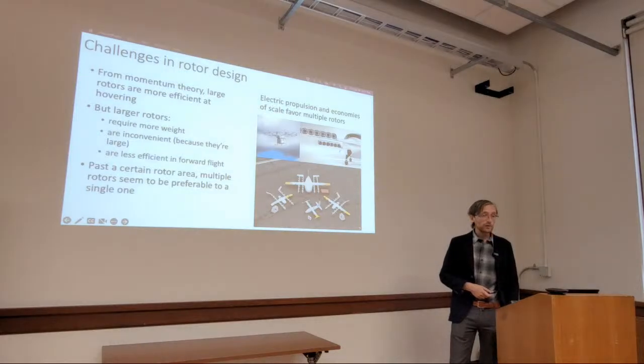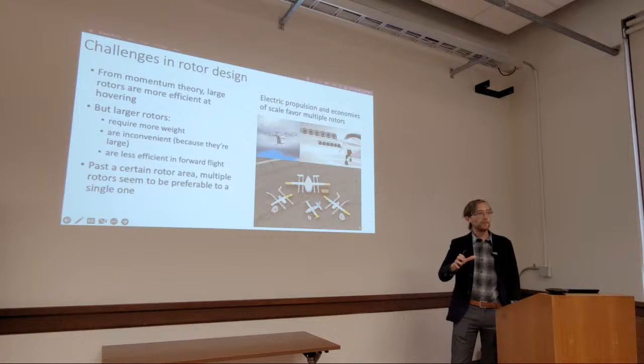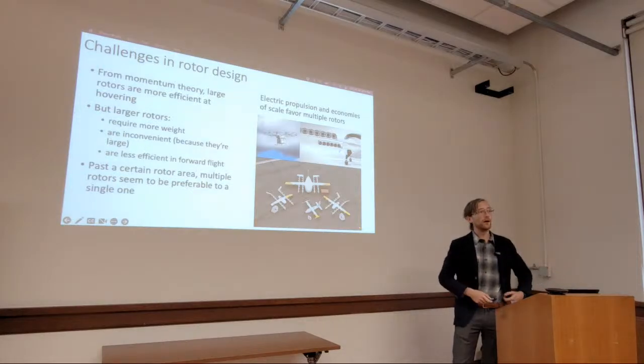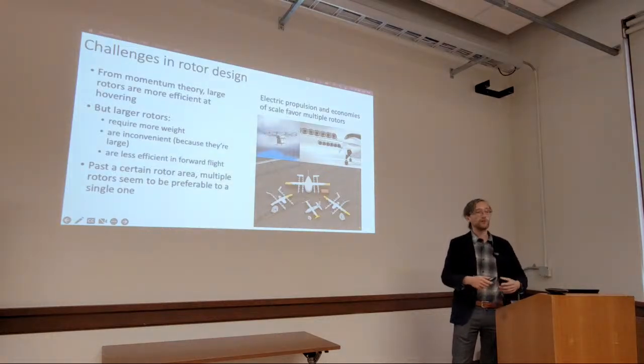Before electric propulsion, it was harder to have many small rotors rather than one big one, because gas turbines tend to be more efficient as they're bigger, which is not the case for electric propulsion. So the fact that we can use electric motors enables this possibility of using many rotors rather than one.